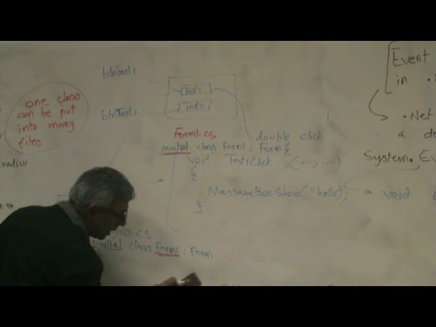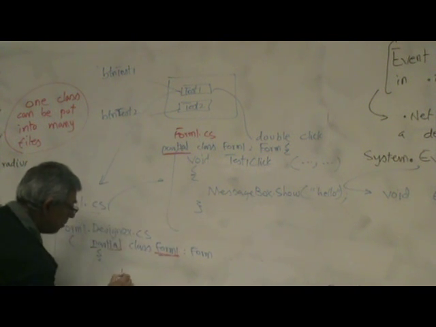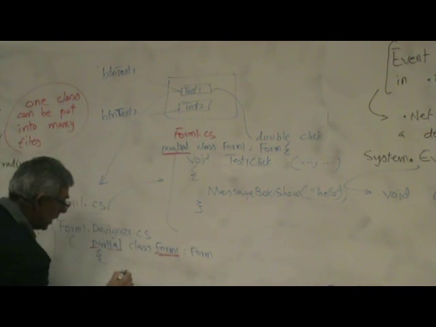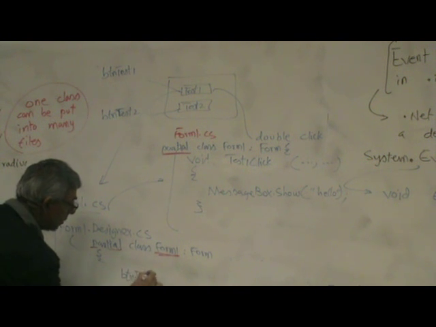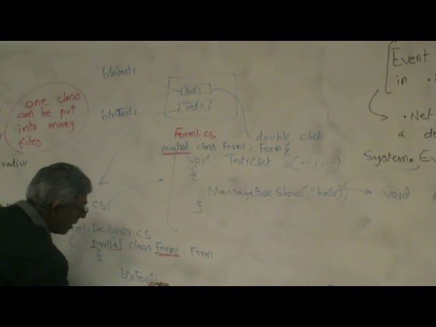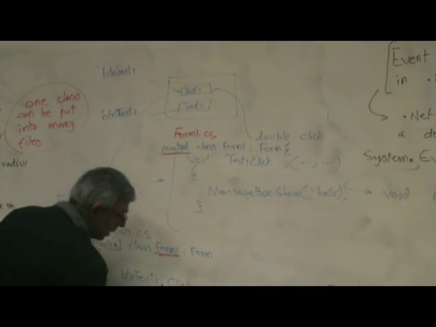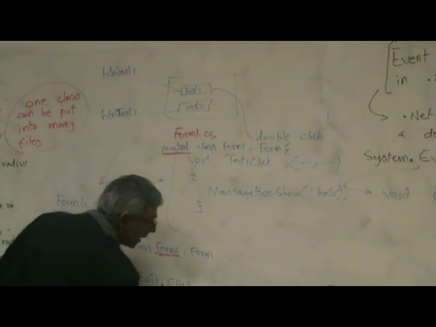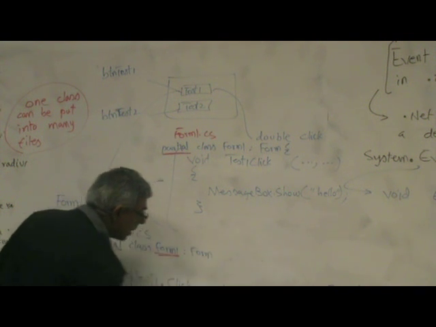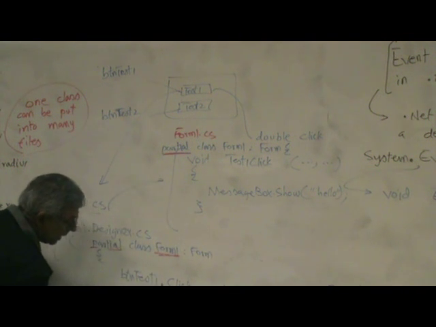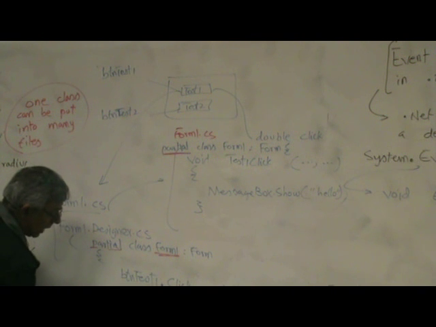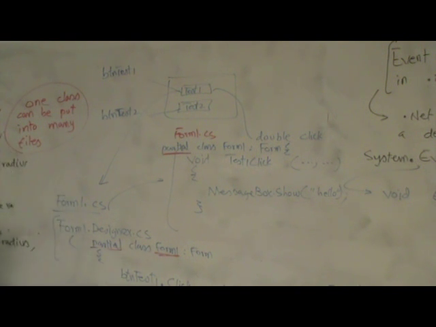Actually, the real code is, because we double clicked on this btn test, right? So btn test 1 already has a delegate. Click plus equal to. So this click already is a property of type delegate of the system.event handler delegate.